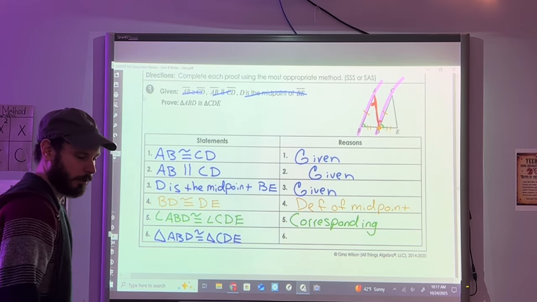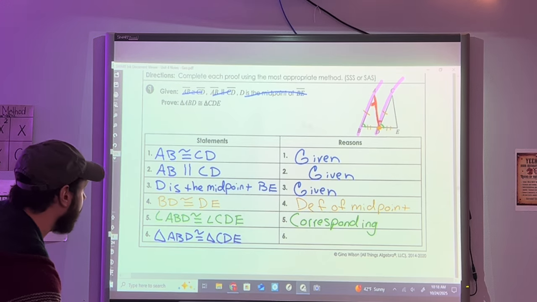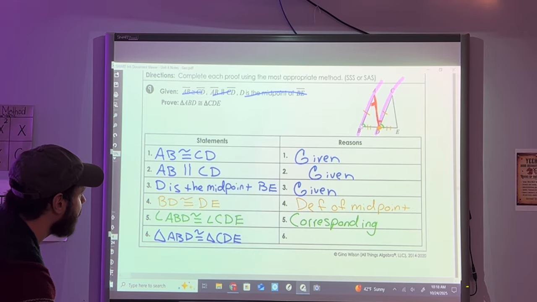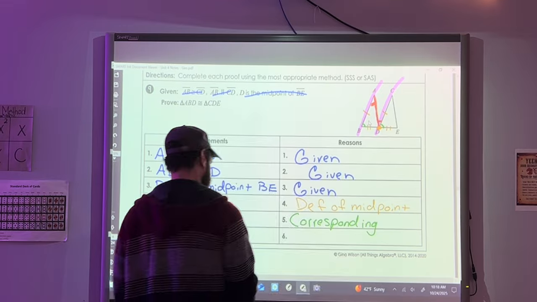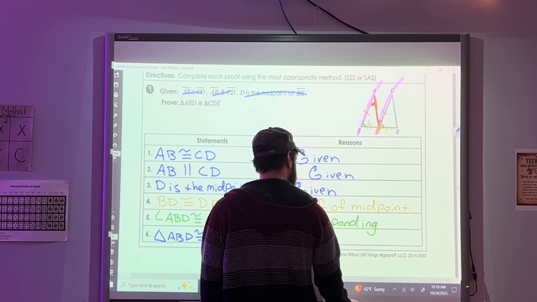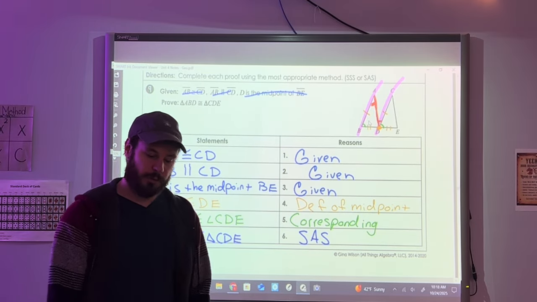Okay. All right. Now, I have two sides that are congruent. I don't know about the third side. And in the middle of these two sides, where tick 1 and tick 2 meet up, there's the angle. I have that SAS sandwich. And maybe that would have been a smarter way to do the problem in the first place.